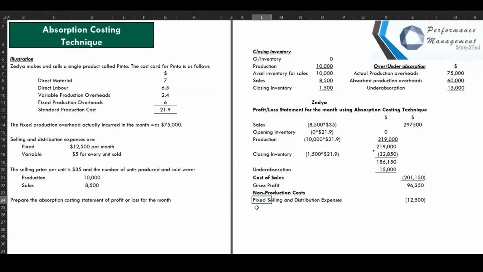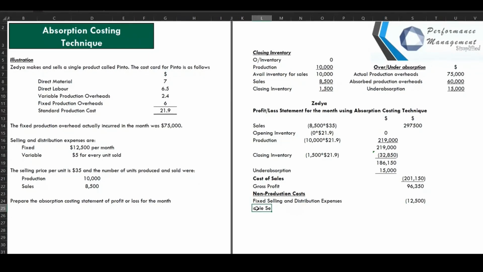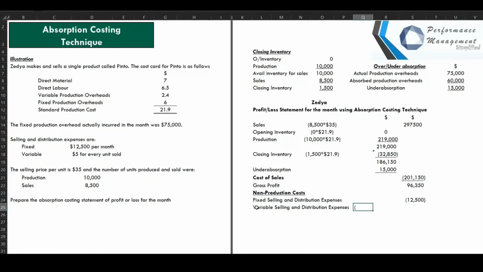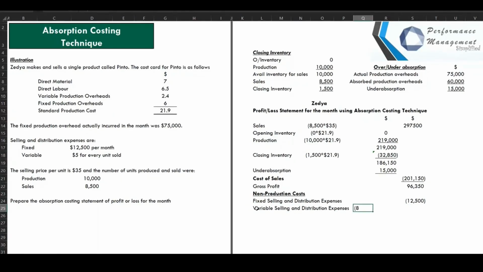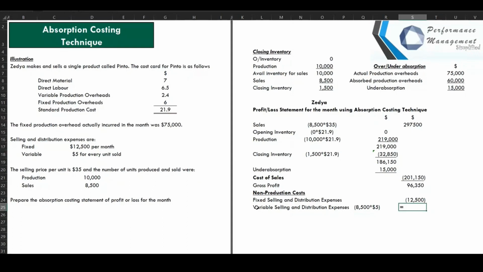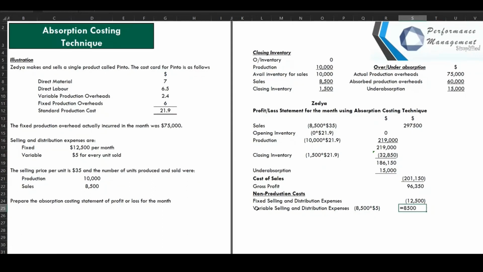So the next one we have is the variable selling and distribution expenses, and that we are told is $5 for every unit sold. How many units were sold? 8,500, all at the rate of 5 per unit. So that will be 8,500 multiplied by 5.